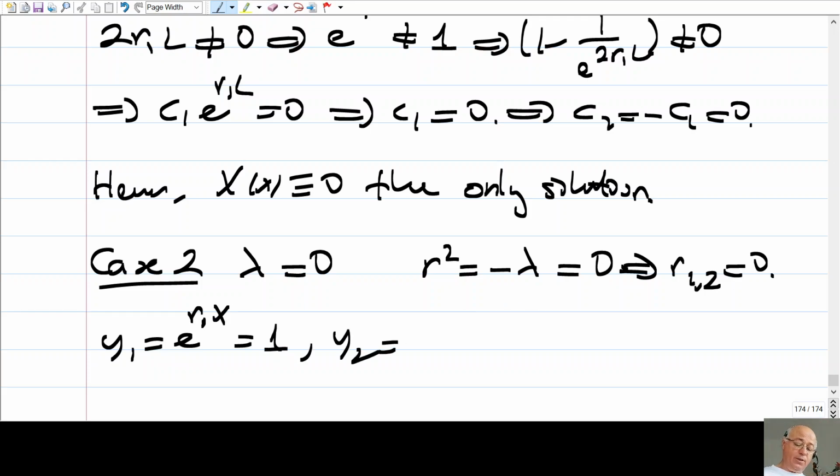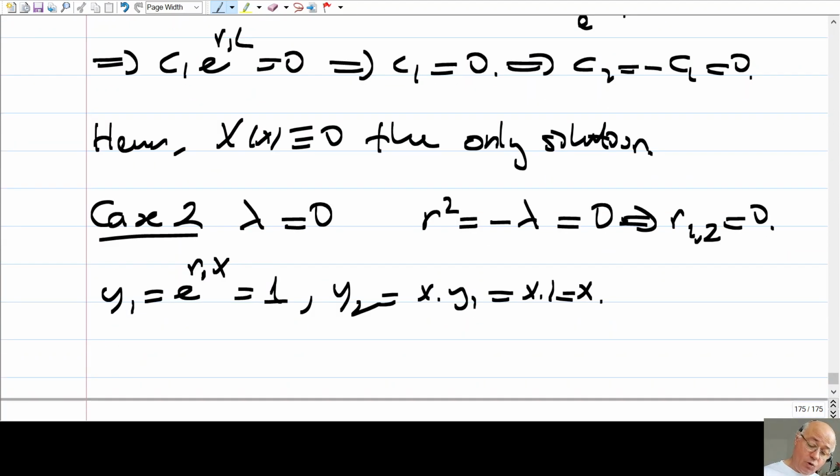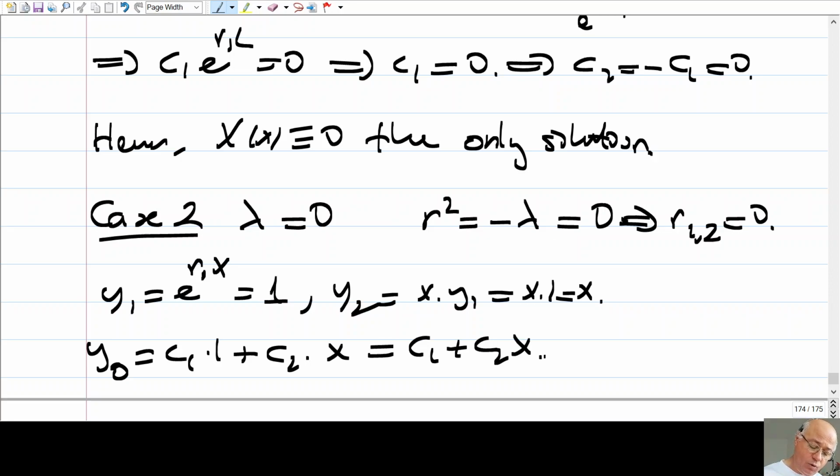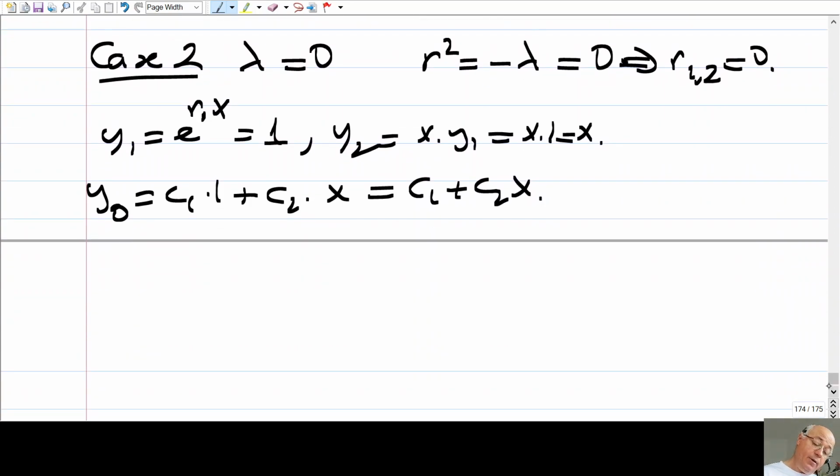Y2 is, since it is a repeated root, x times Y1, so it is just x times 1, which is x. Therefore, these are the solutions. Therefore, the general solution is just C1 times 1 plus C2 times Y2, which is x. So C1 plus C2 x.